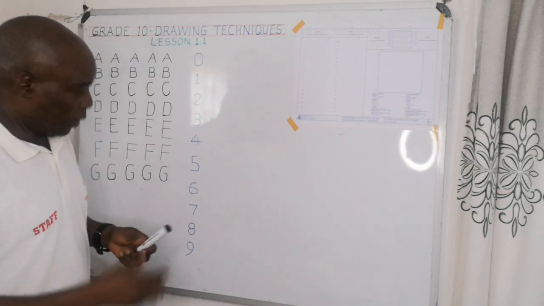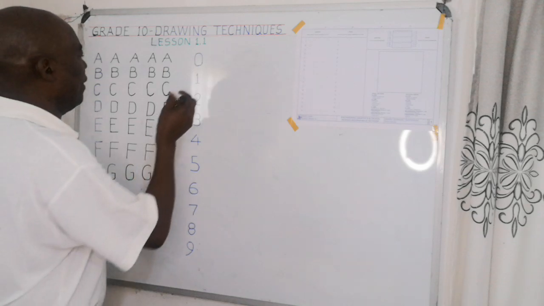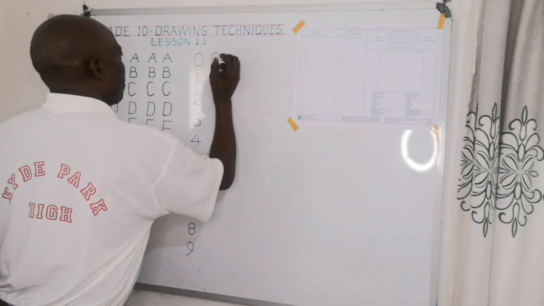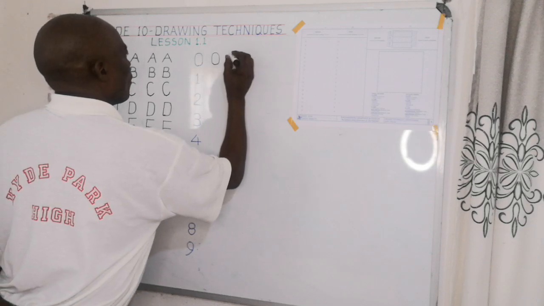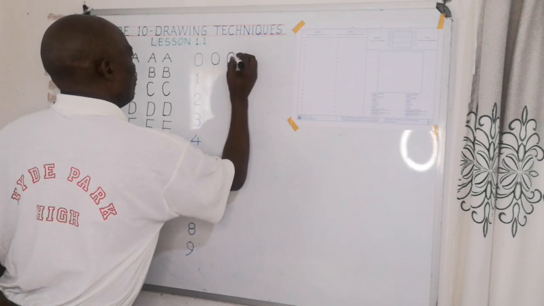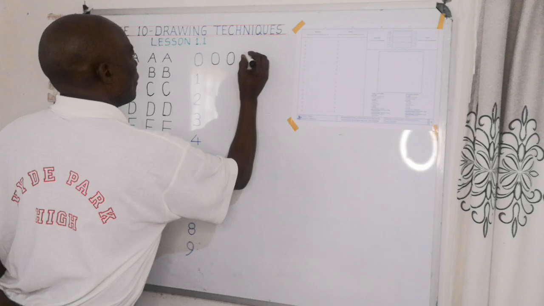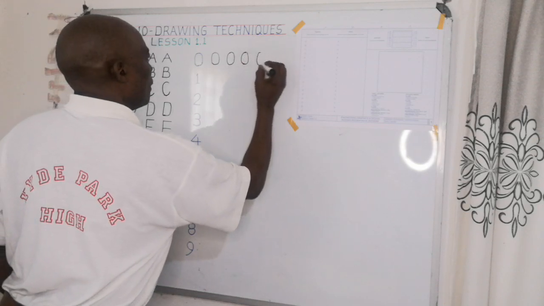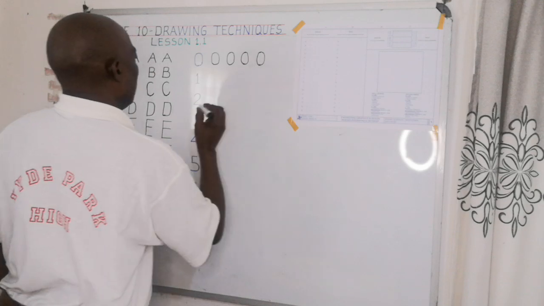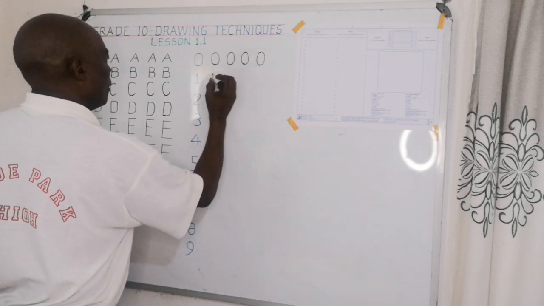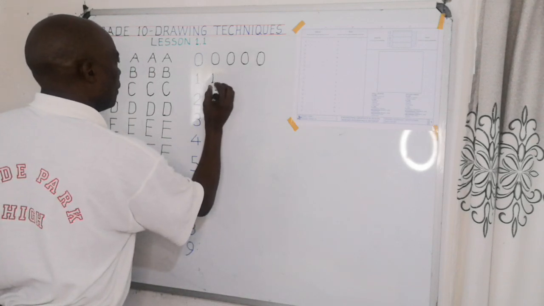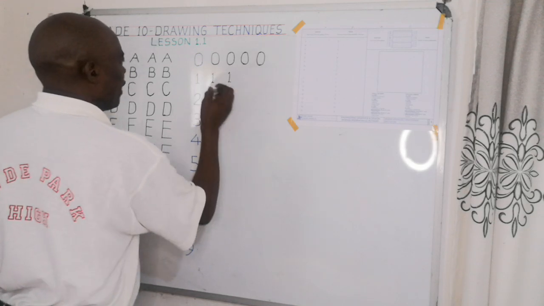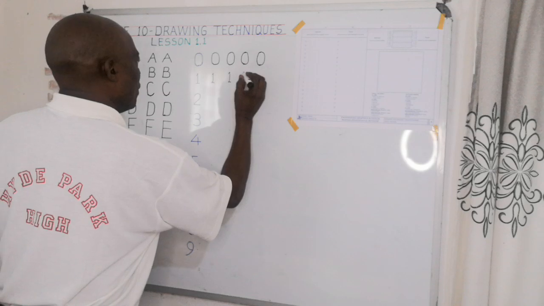Right. So let me just do a few here. 0, and then 1, you will be printing them in the boxes that are given there in the workbook.